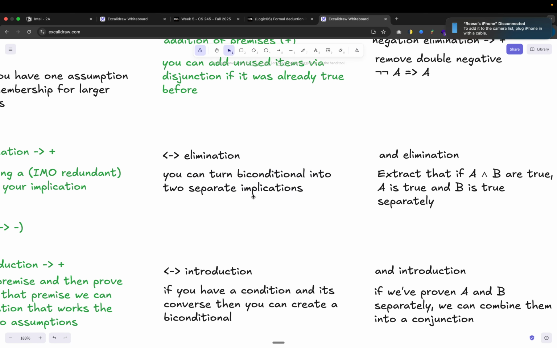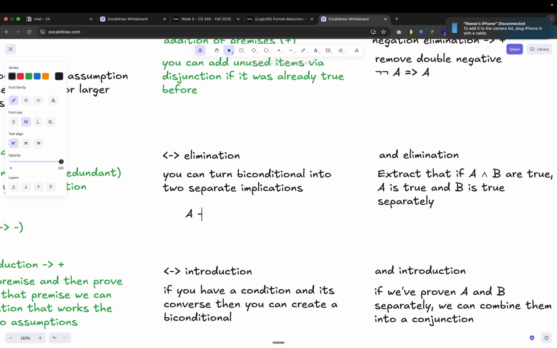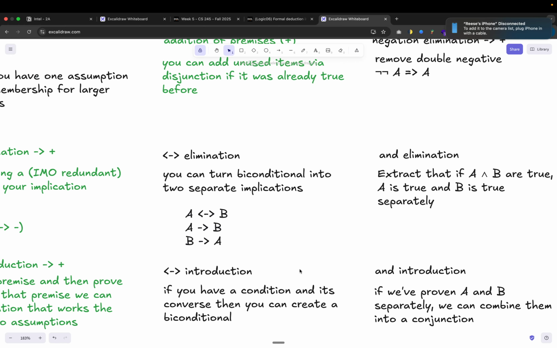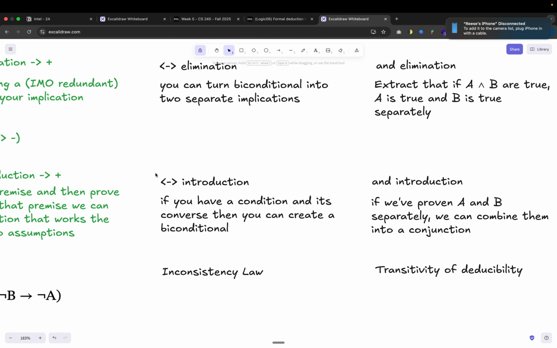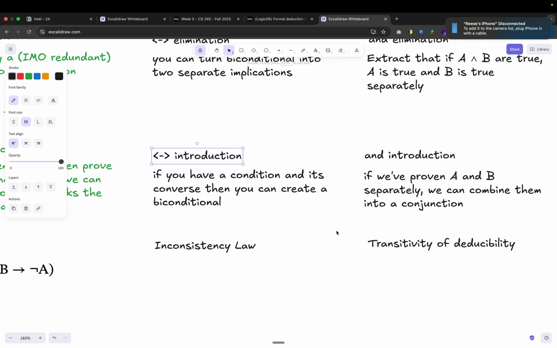So biconditional elimination, you can turn A if and only if B into A implies B, and B implies A. And this is useful to separate implications and then work through cases. And vice versa. I used this on the exam today, I think. You can do the other way around.